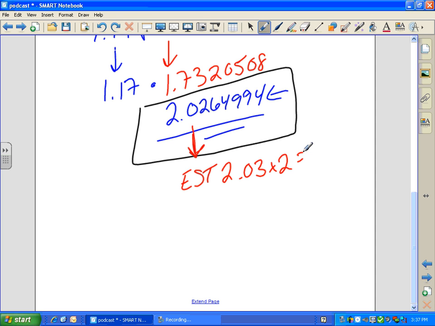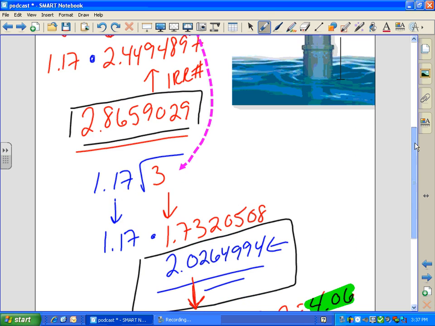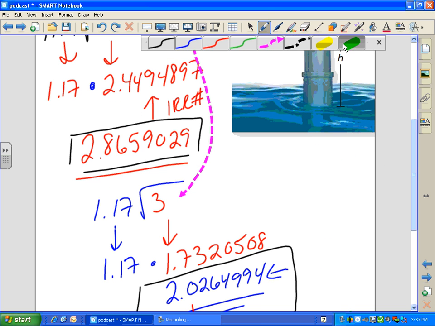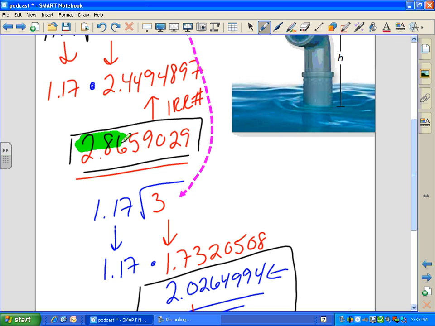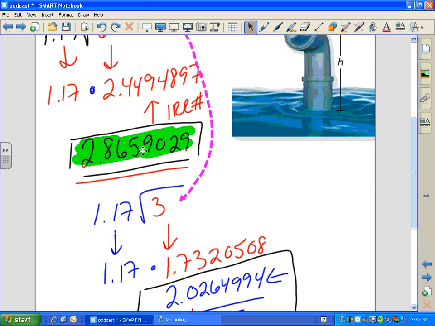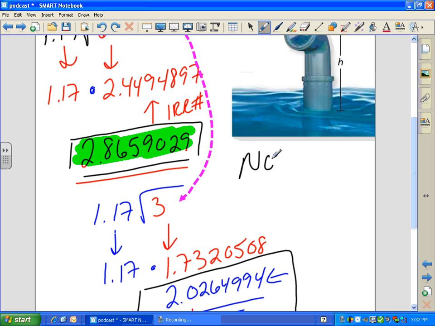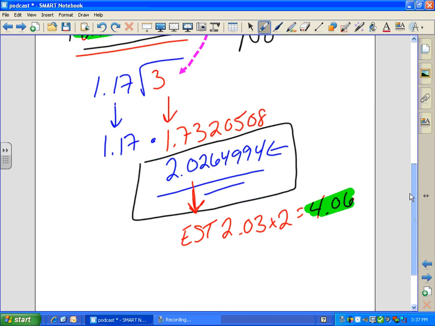I'm going to times it by 2, and I get 4.06. I'm going to come back up here and look at this number. For it to see twice as far, it would have to see at least 4.06. This isn't 4.06. So the answer is no, it cannot see twice as far.